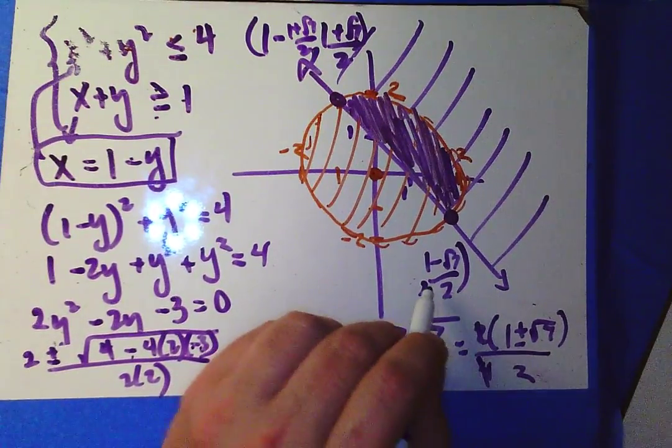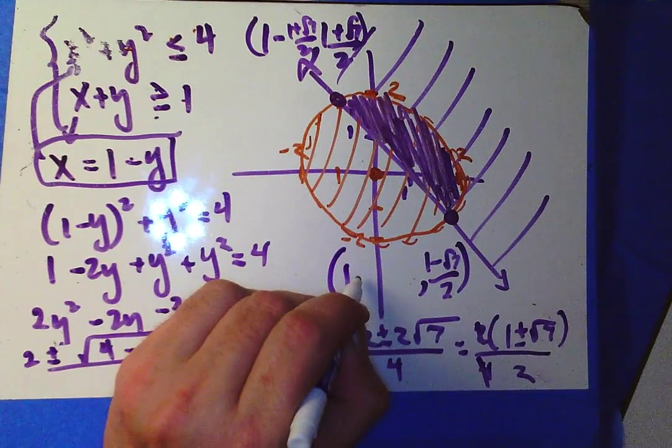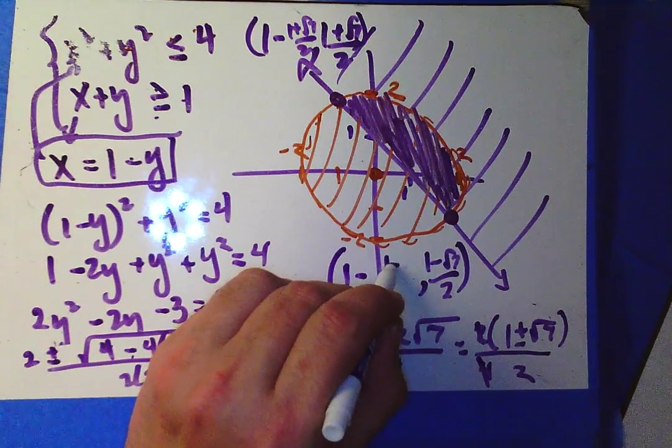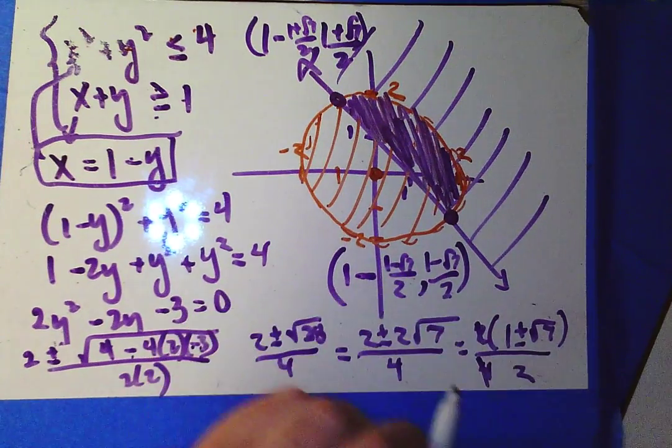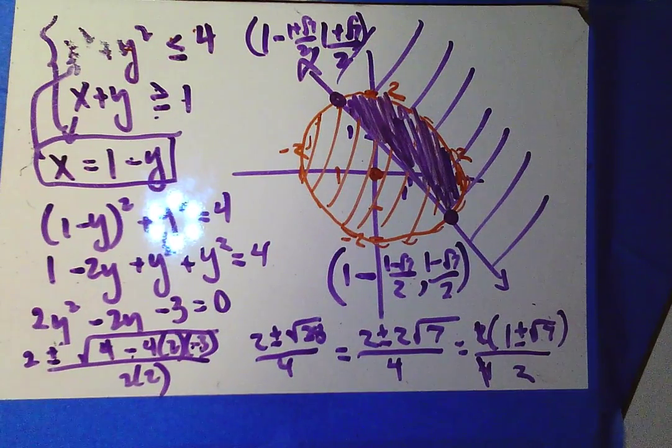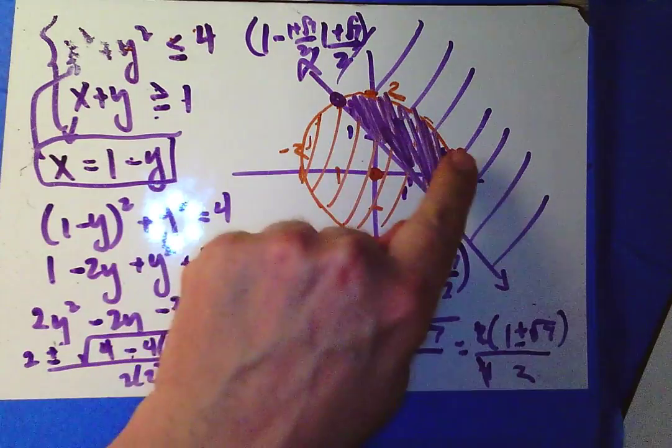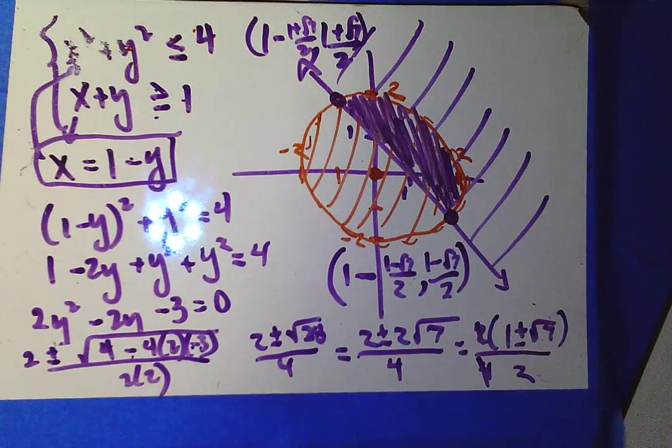And then down here, again, 1 minus 1 minus root 7 over 2. So those are my two ordered pair solutions for where these curves connect with each other, but this purple shaded sector is my solution.